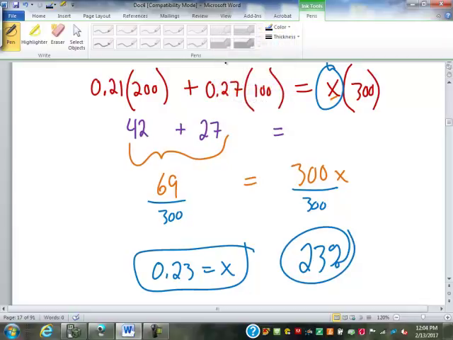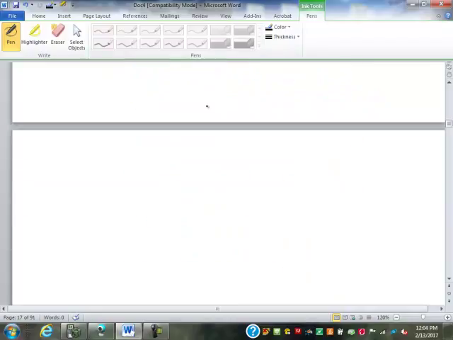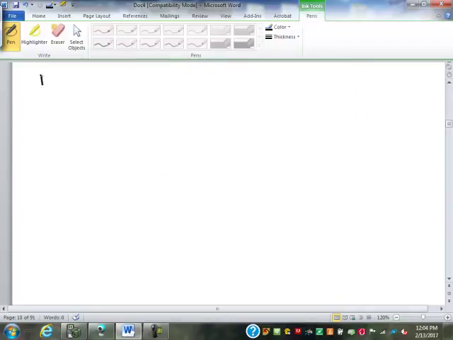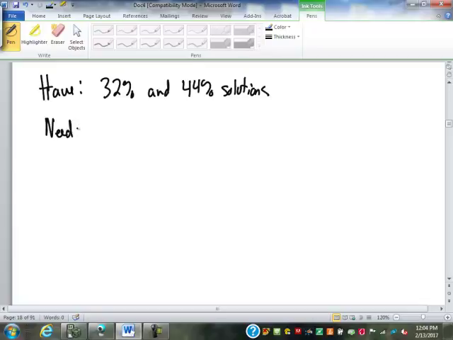Now, most of the time for us, we are not just going to be randomly mixing two solutions together. We are going to have a desired concentration that we want to achieve. So for us, it's going to be more practical to look at a situation like this, where we have on hand 32% and 44% solutions. Let's say we want a 41% solution.